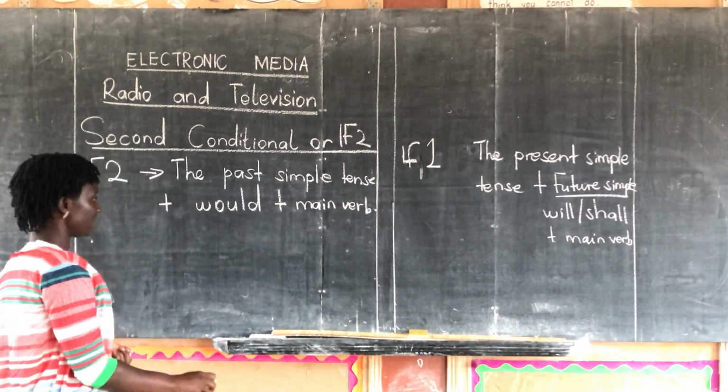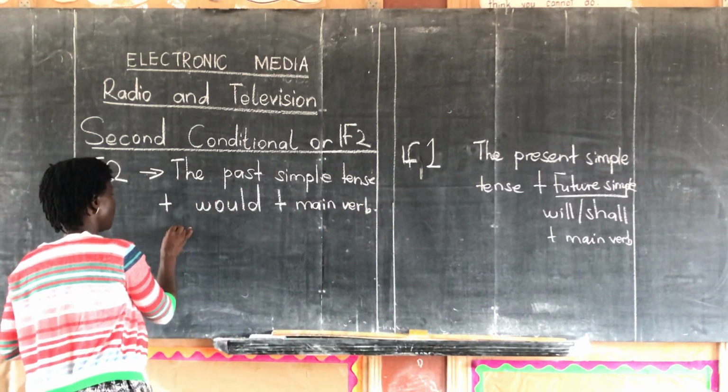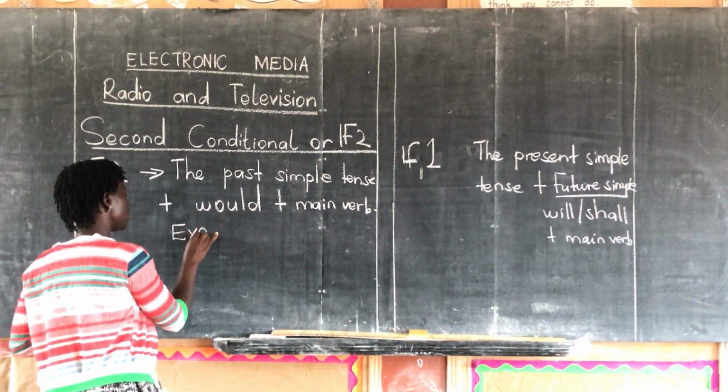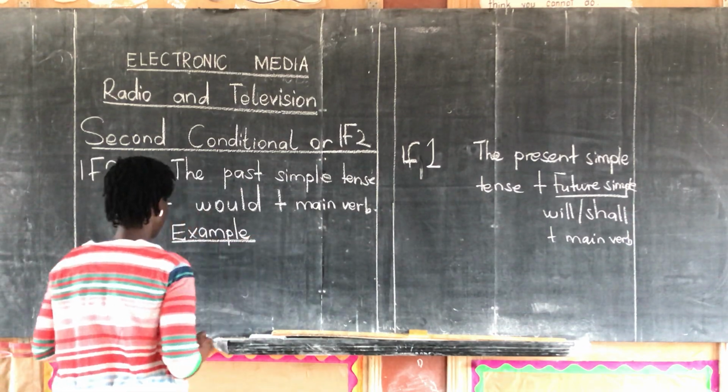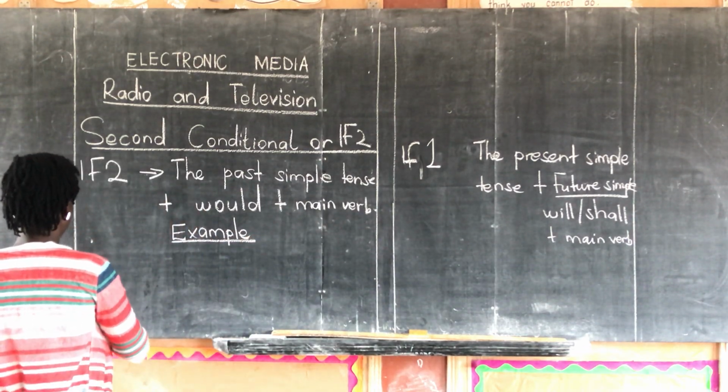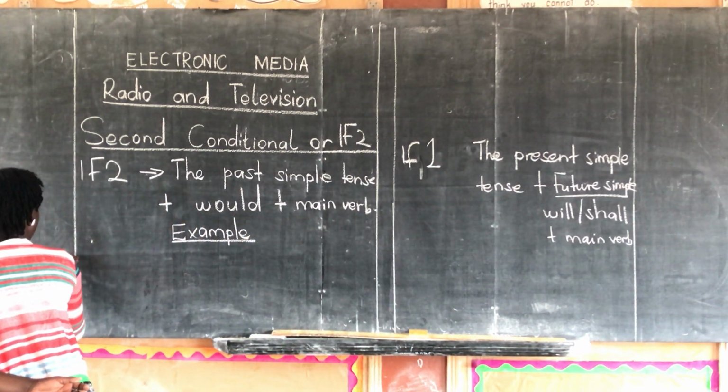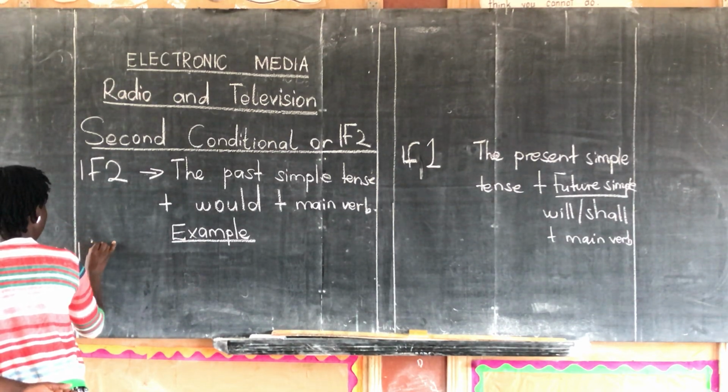Past simple tense plus would plus the main verb. Let me give you an example of a sentence here, which is in the if 2. Alright. An example, we have example A.